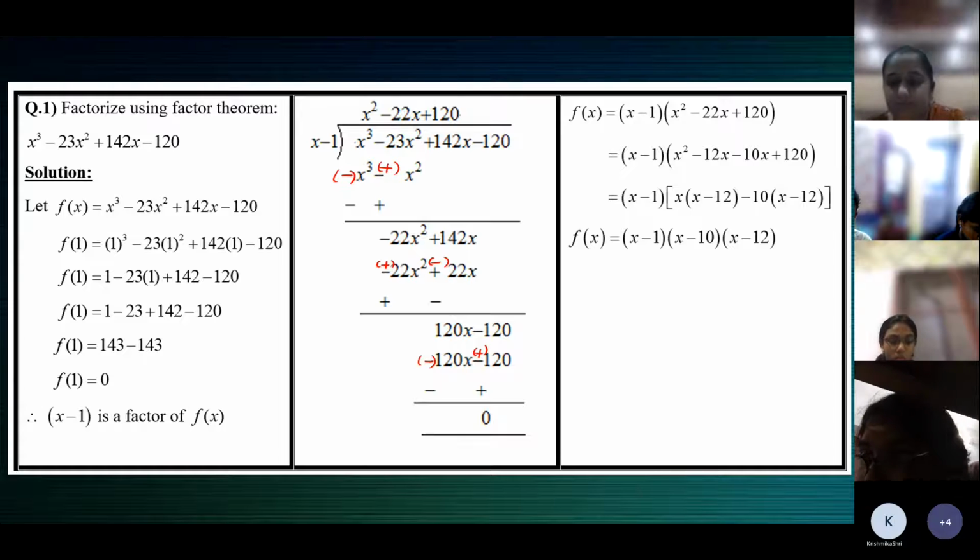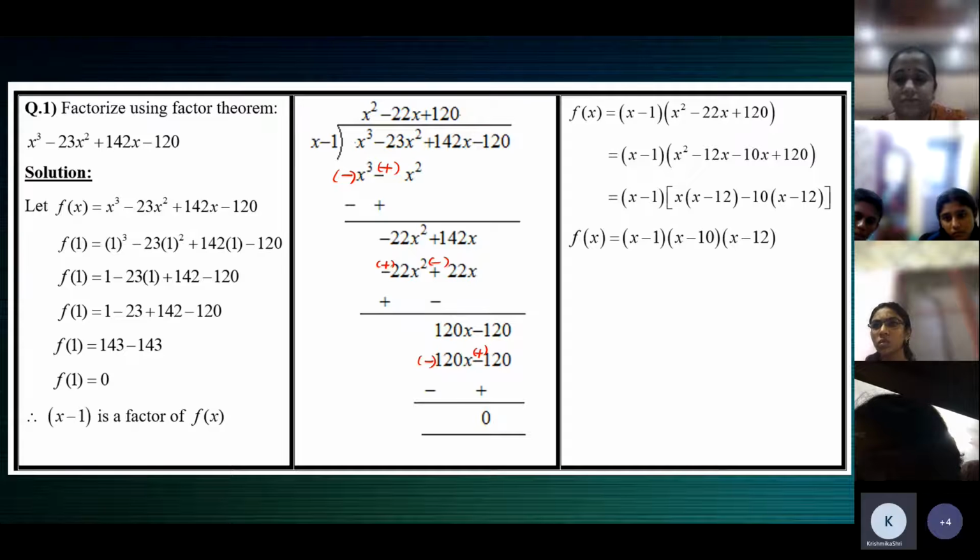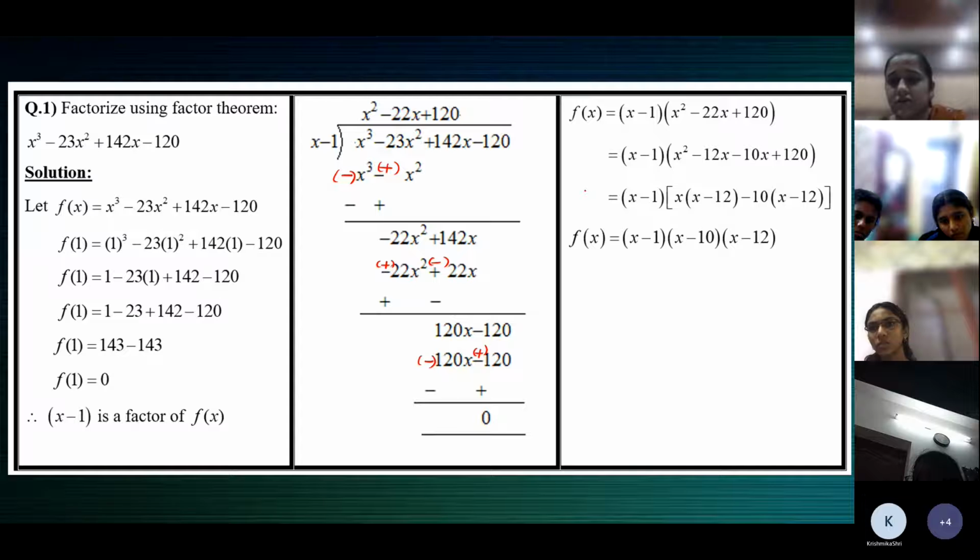Ma'am, in the last step, x minus 1 into x minus 12 we have written, no, ma'am. For that, we can write 1 also, ma'am, instead of x. Yes, Krishmika Shri, your question is about this one?